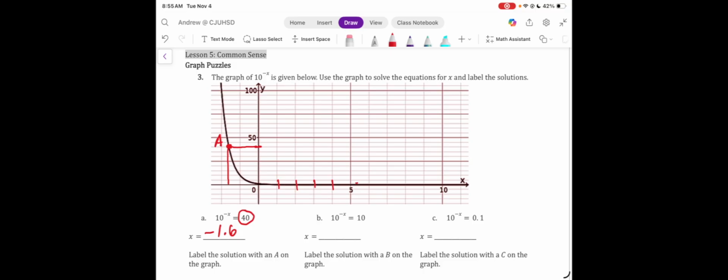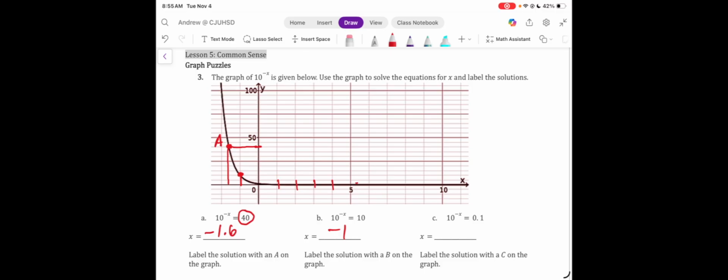B is 10. Let's see, 2 markings up. That would be right here. That's on negative 1. And 0.1 is so very close to the axis.